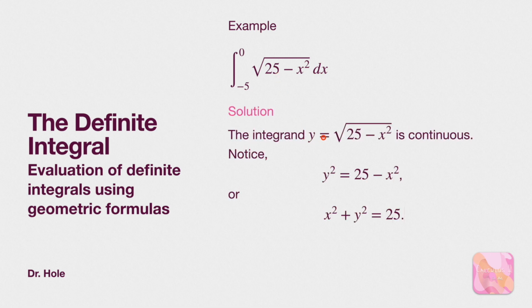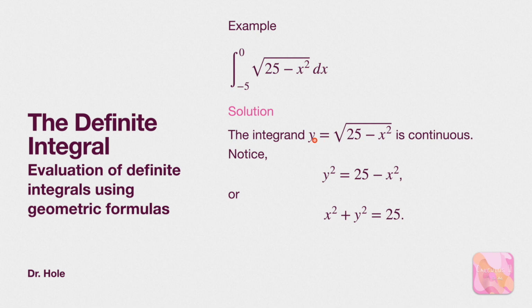Looking at the integrand, let's set the integrand equal to y. Let's make a note. If we look at this function, it is a radical function of a quadratic function. That's a composition of functions, which each is a continuous function, therefore the composition is continuous.